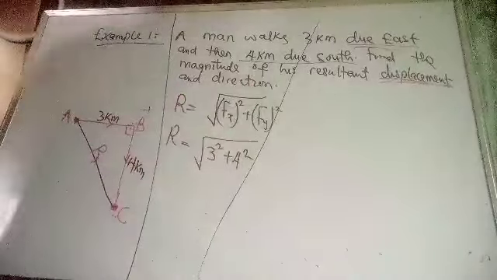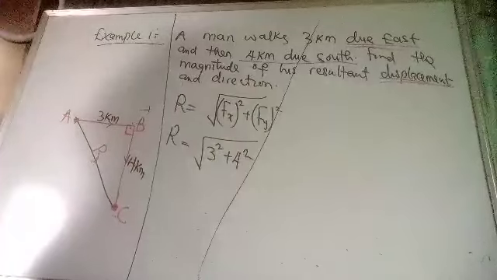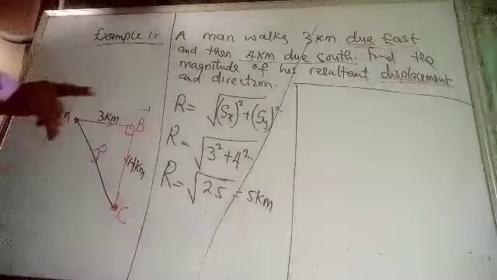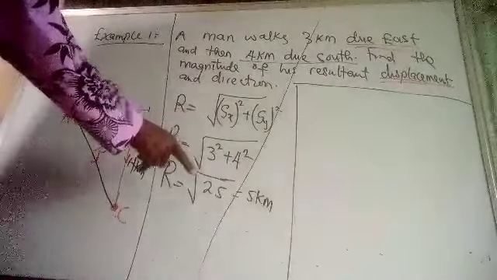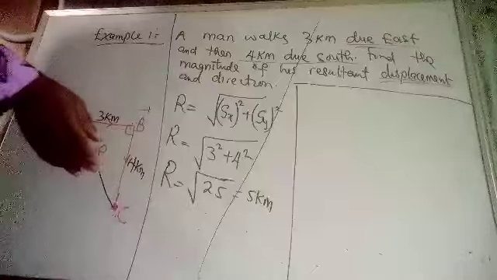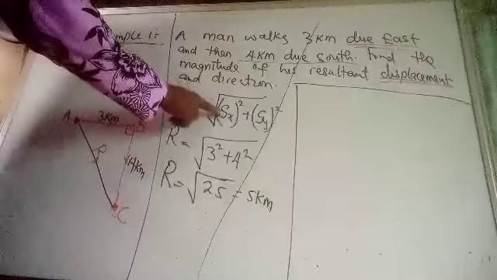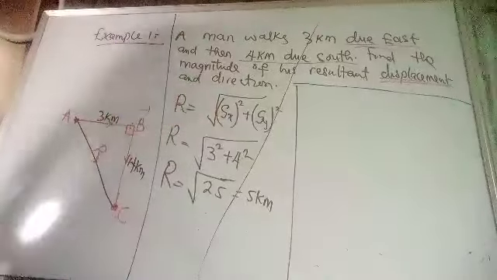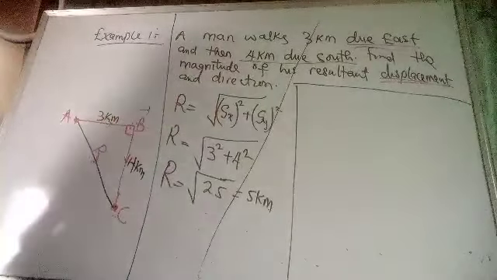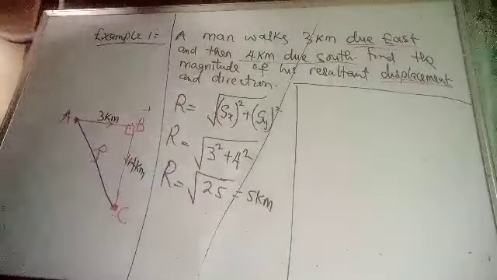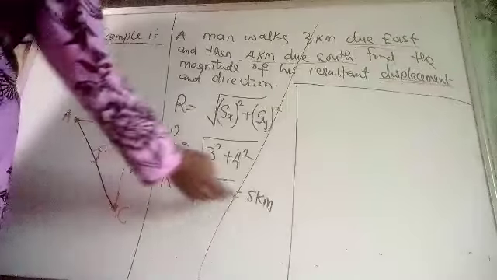So, we sum it up and find the value. Sorry, pardon me, we are not dealing with force now, we are dealing with displacement. So I meant to say the displacement, and I'm using S to represent displacement. Alright, so the resultant displacement is 5 kilometers.